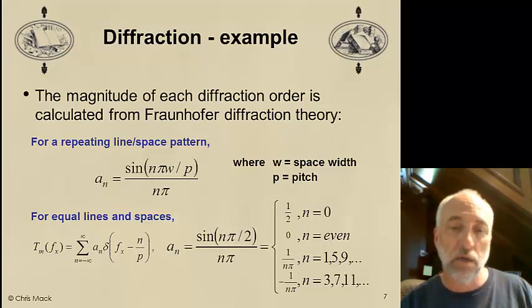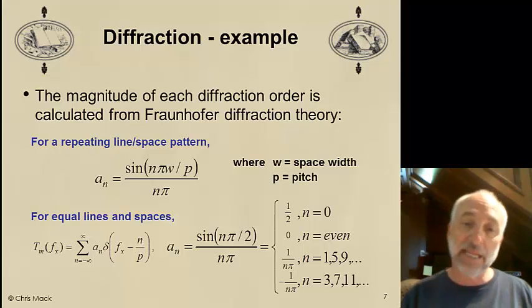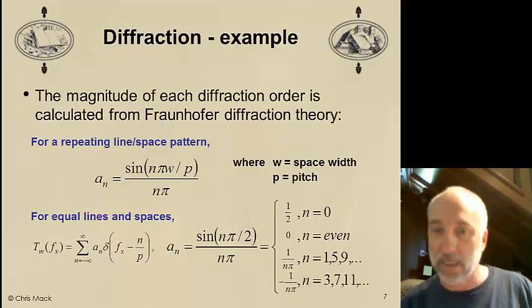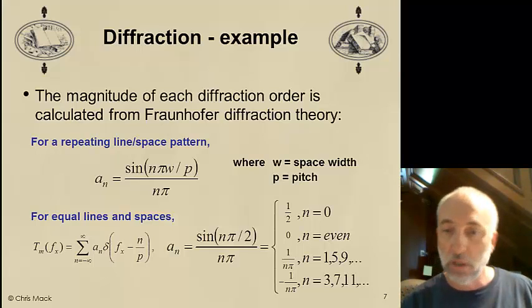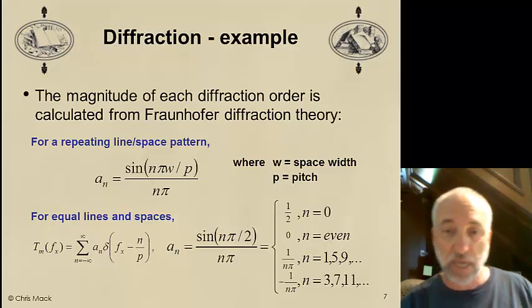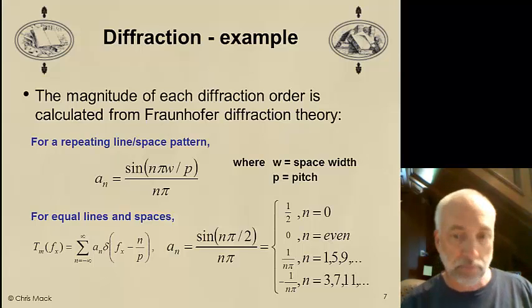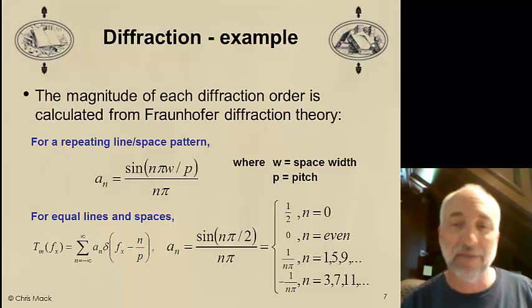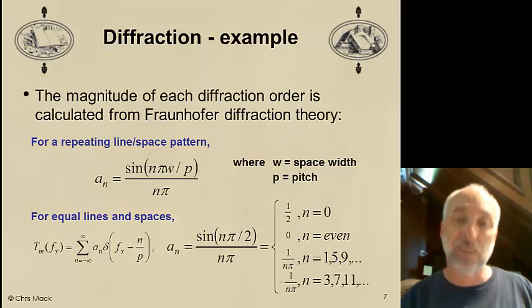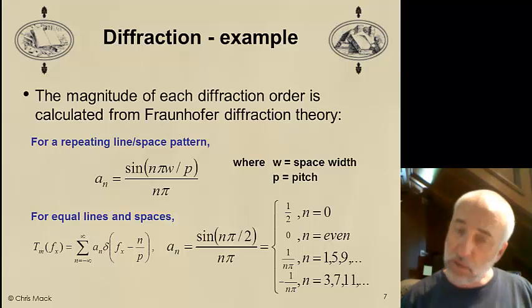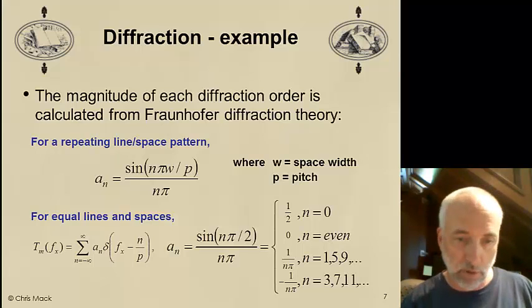But for other duty cycles, for other widths not exactly equal to half the pitch, then the even orders won't be exactly 0. For half of the odd orders, n equal to 1, 5, and 9, etc., I get 1 over n times pi. And for the n equal to 3, 7, 11, etc., I get minus 1 over n times pi. Those are the amplitudes of the diffracted orders.